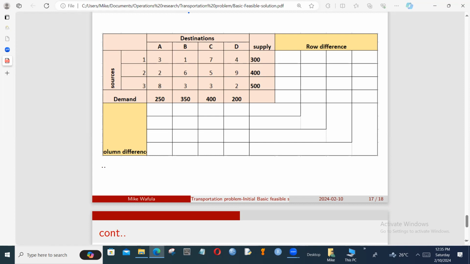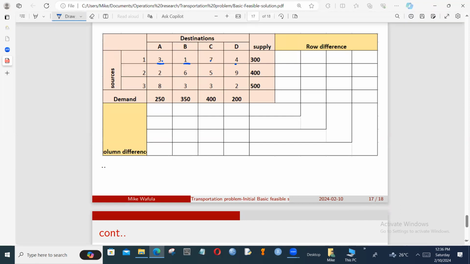So if I'm looking at row 1 and this first cell, I spend 3, this one I need 1, this I need 7, this one 4. The best route is this one of 1 because I spend less. And the second best will now be this one that I spend 3. The third best is the one I spend 4. And the fourth best, or the last one, the worst, is the one I spend 7.